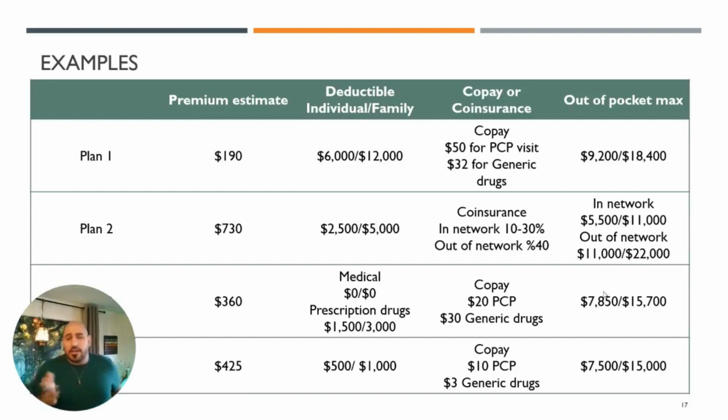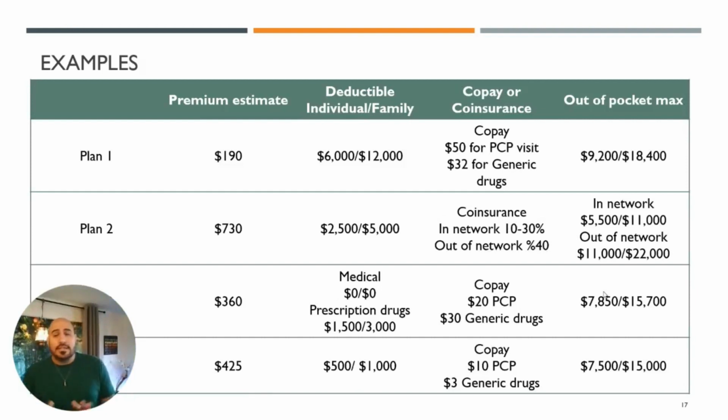The out-of-pocket max, you see the numbers in there. And the last one is 4,025 as premium, and the deductible is 500 for an individual, which is considerably low, and the copay is $10 for PCP and $3 for generic drugs, which I would assume would be something good.